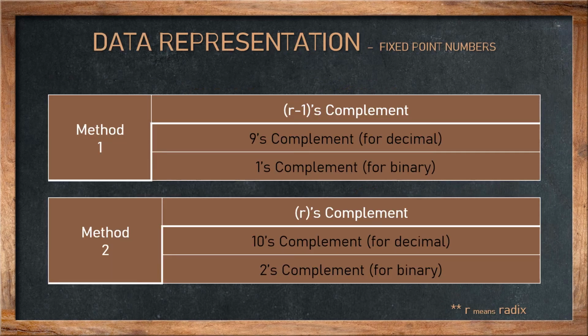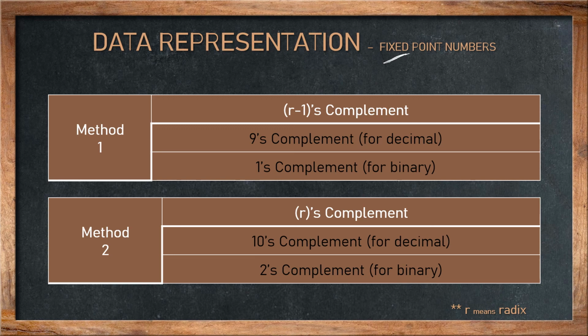As we know, we are learning these data representation techniques to store the data inside the system, and to know how the system performs various mathematical operations on binary data. There are basically two formats in which you can store the data. The first is fixed point numbers, and the second is floating point numbers.